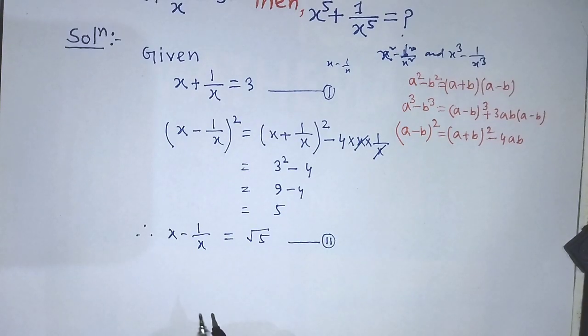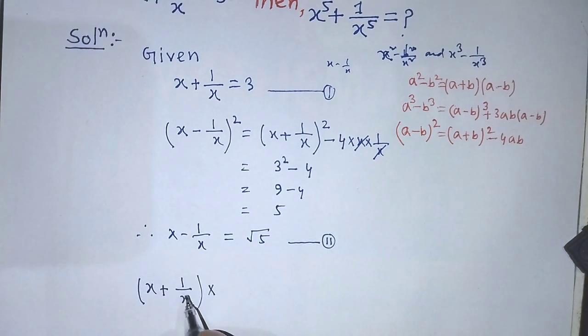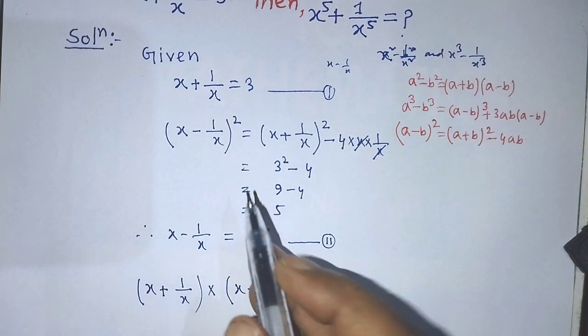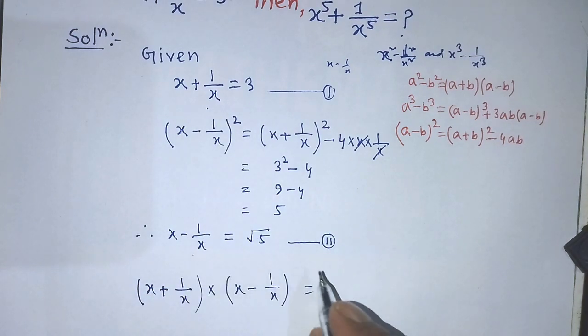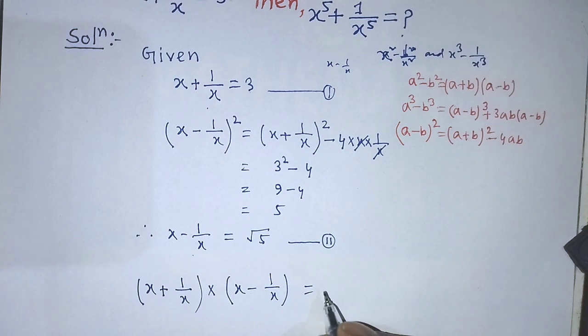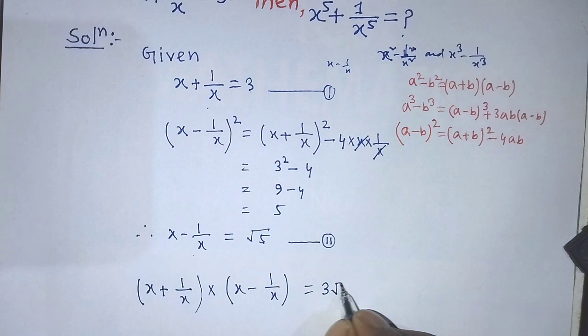So student, after multiplying equation 1 and 2, you get x plus 1 over x into x minus 1 over x is equal to, left hand side into left hand side is equal to right hand side into right hand side. So we can write here 3 into root over 5, that is 3 root 5.